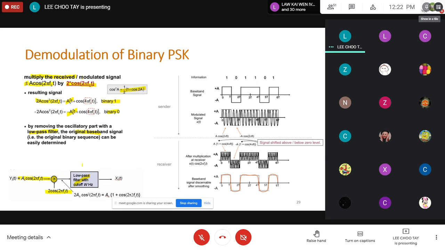Okay, and then on the right-hand side, we have some diagrams that illustrate the concept. The information we want to send in binary is in this form, 101101, and this is a binary code. So we use polar coding here.